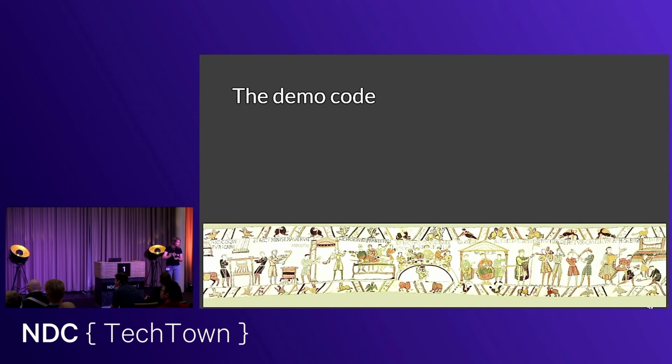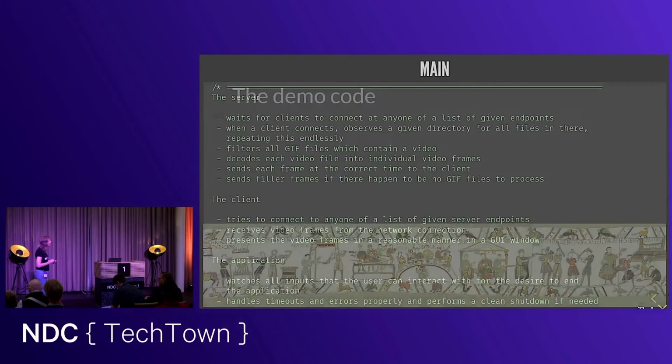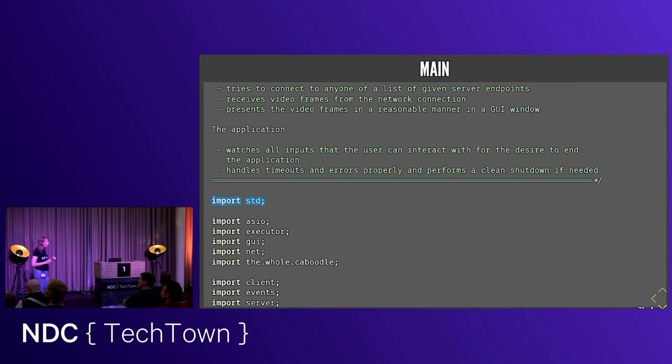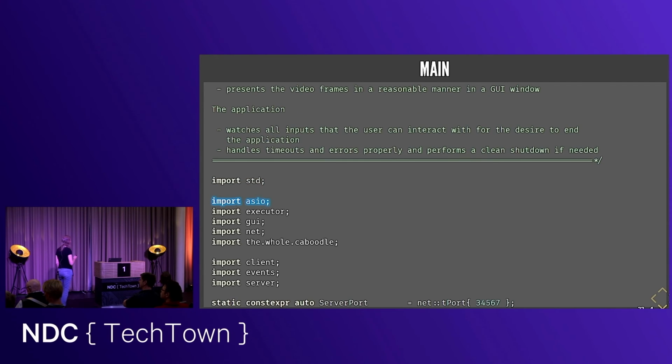Let's figure out if it actually works in practice. As I said in the beginning, I have a demo code. This is the same demo code, for the most part, from last year. Last year, I was using MSBuild and the Microsoft compiler only, with a standard library that I had to build myself. This year, I don't do any of these strange kinds of things. This is the code where we left off last year. I use a modularized standard library.